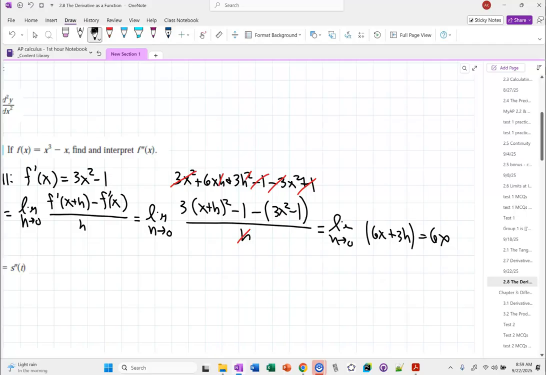So again, notice what's happened here. We've gone from a cubic as our f, a quadratic as our f prime, and now a linear as our f double prime.